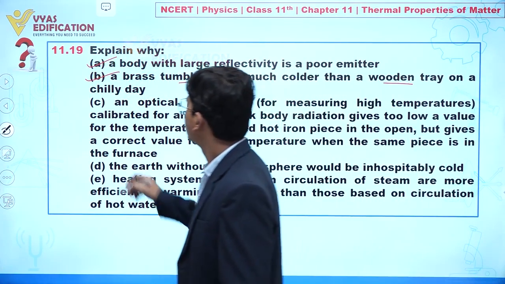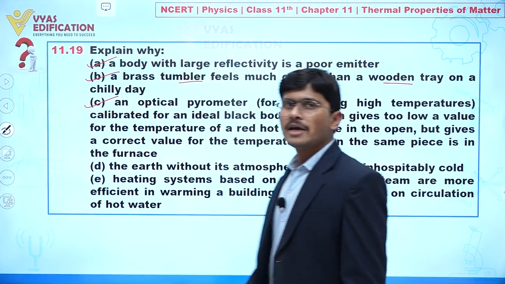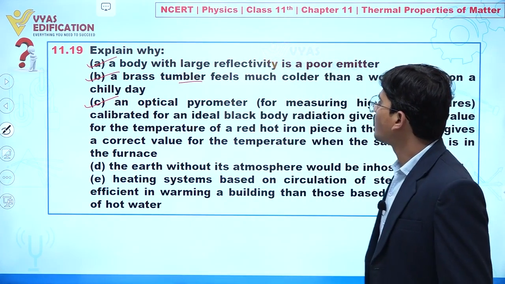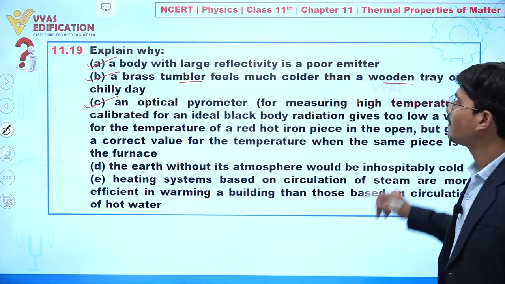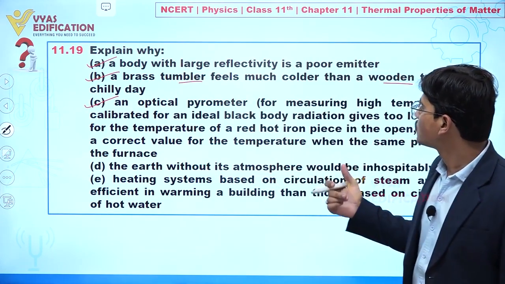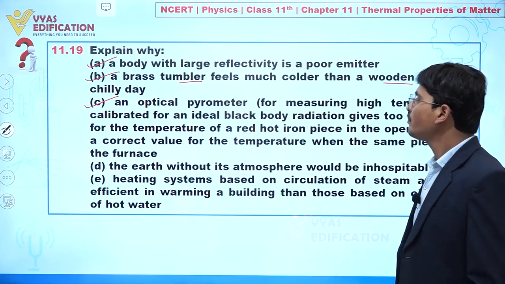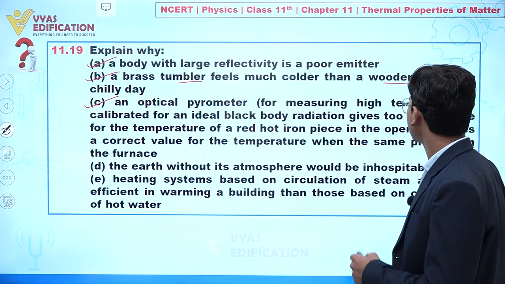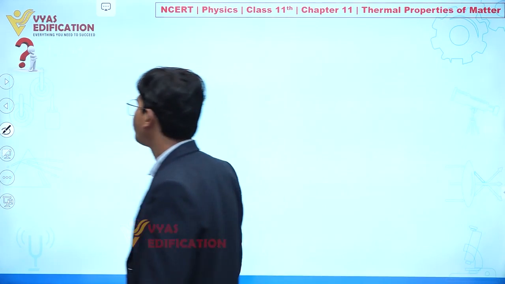Clear? Now, the third one, part C. An optical pyrometer for measuring high temperature, calibrated for ideal black body radiation, gives too low a value for the temperature of a red hot iron piece in the open. Now listen carefully.